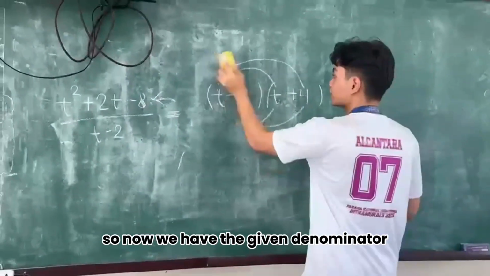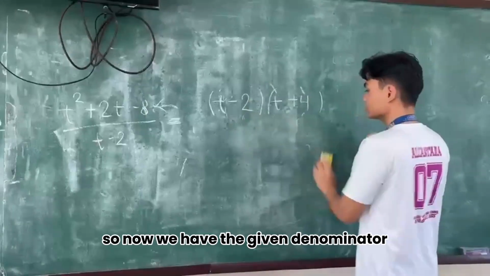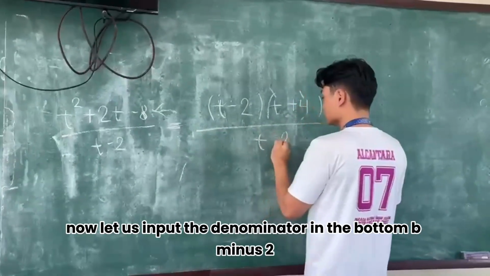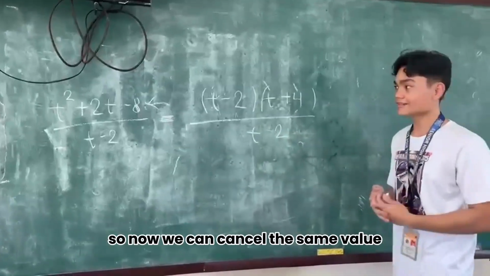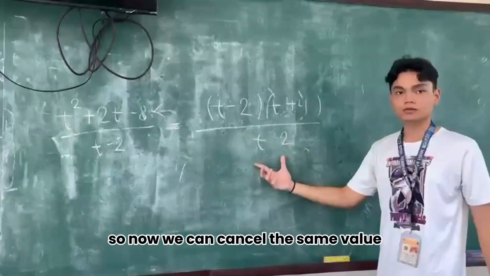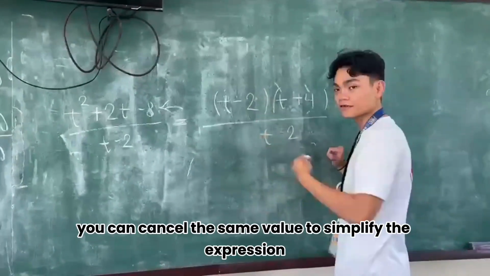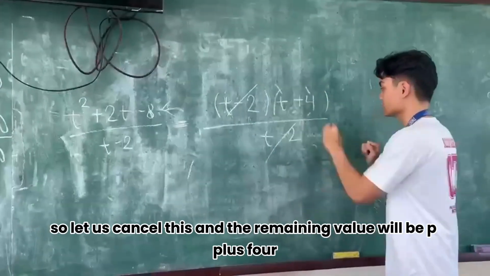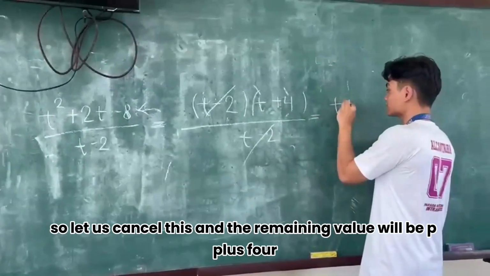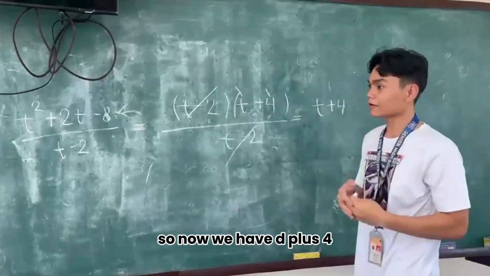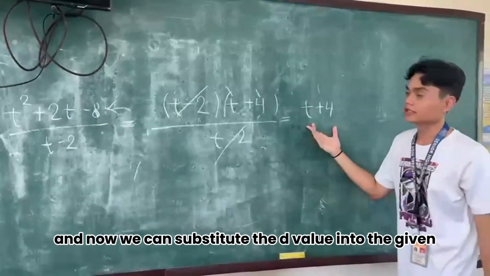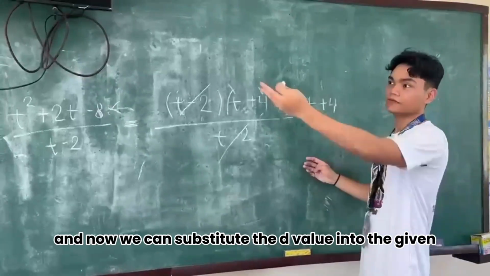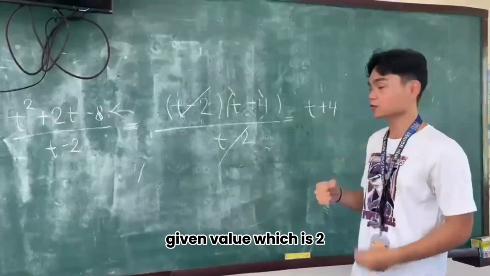So now we have the given numerator. Now let us put the denominator at the bottom, t minus 2. So now we can cancel the same value to simplify the expression. The remaining value will be t plus 4. Now we can substitute the given value, which is 2, into t.